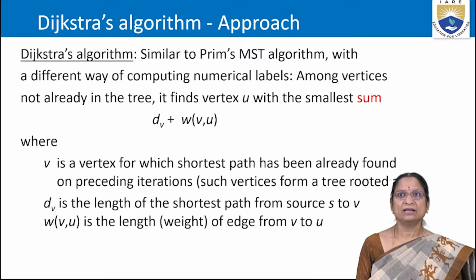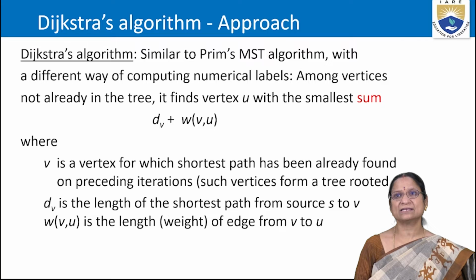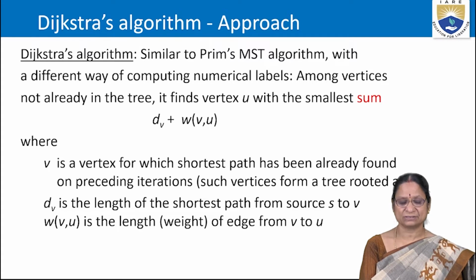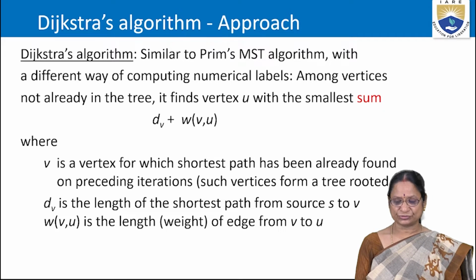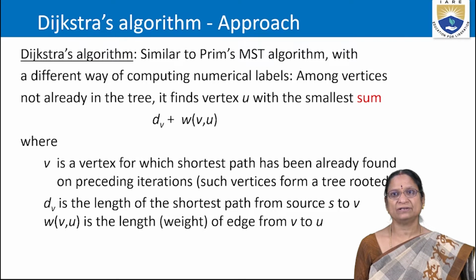Among all vertices not already in the tree, it finds the vertex u with the smallest value of dv plus weight of vu, where v is the vertex for which the shortest path has already been found in preceding iterations, dv is the length of the shortest path from source S to v, and w(v,u) is the edge weight from v to u.